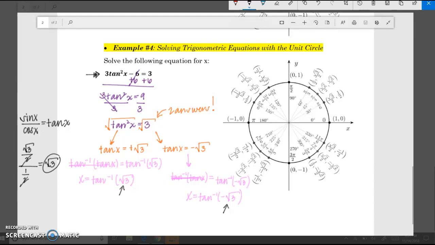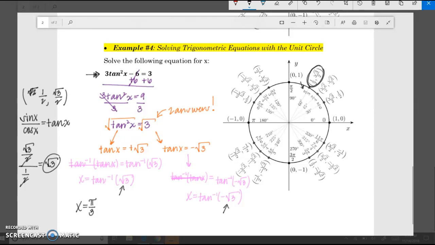So what I need to do is to hunt around the unit circle for an ordered pair, where I have an x value of 1/2 and a y value of root 3 over 2. So that's going to be the first one that I look for. So I'm checking out for that ordered pair, and the first place I find it is right here. So that angle value is pi over 3. So we can say x is equal to pi over 3.